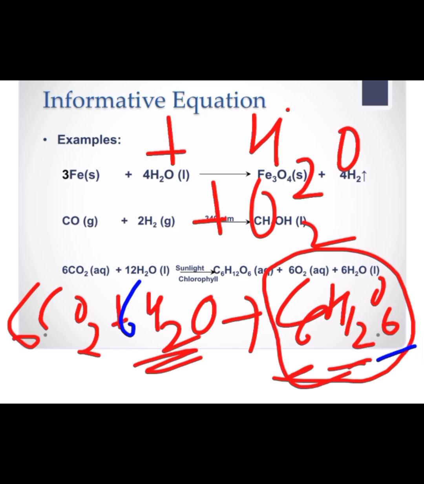Oxygen, 6 oxygen atoms. So the number of oxygen atoms is greater on the left hand side.